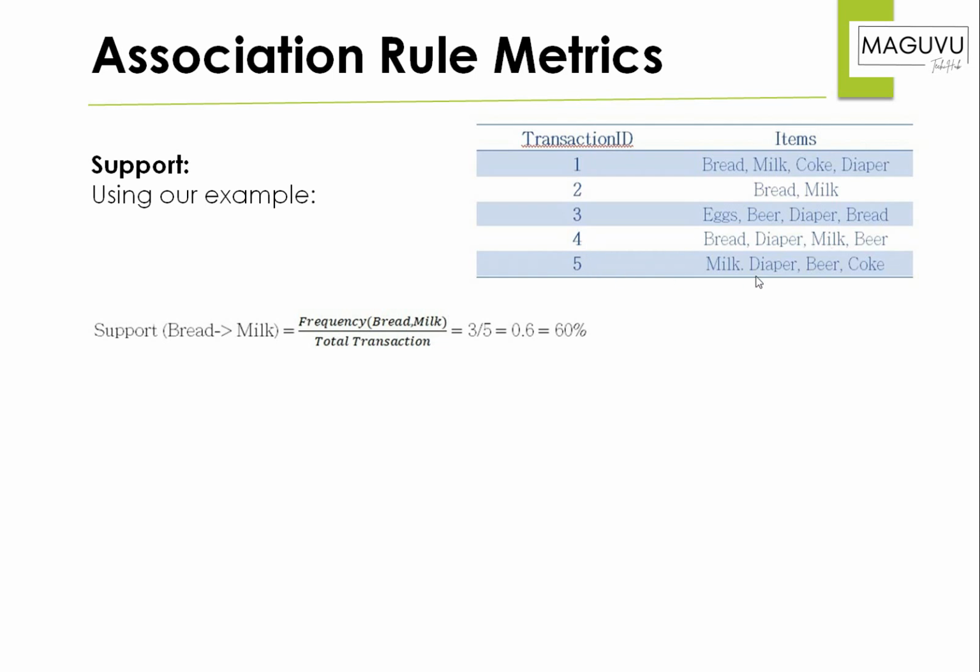And in transaction number 5, we don't have bread. So the frequency of bread and milk is 3, divided by the total number of transactions, 5. If you do the math, you get 0.6, which is 60%. So that's the support of bread, milk in the data set.